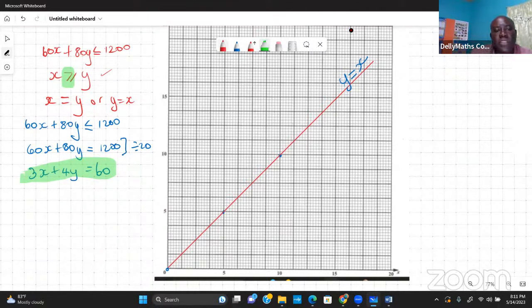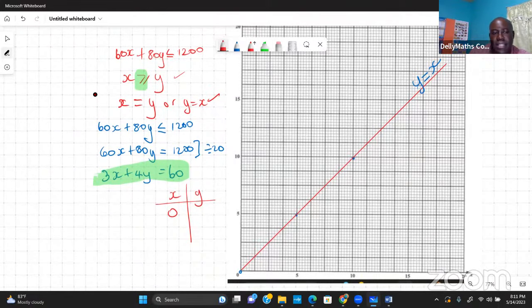So you could use the zero principle now. Whenever there is a slant line with two different variables, and it's not as simple as this to draw the line, you want to take out a set of coordinates, and you always try zeros first to see if it works. So work out if x is 0, what y will be.